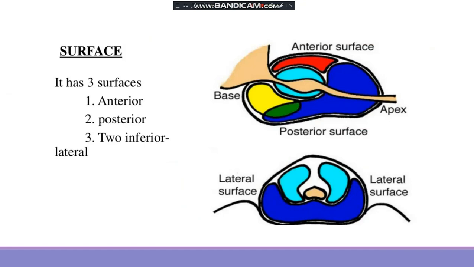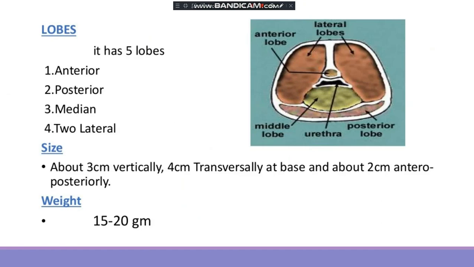It has five lobes: anterior, posterior, median, and two lateral lobes. Its size is about 3 centimeters vertically, 4 centimeters transversely at the base, and about 2 centimeters anteroposteriorly. Nothing more to study on this point; this is just to brush up your anatomy classes.